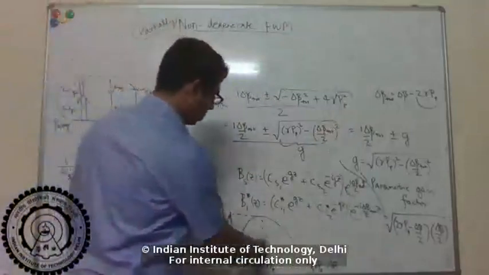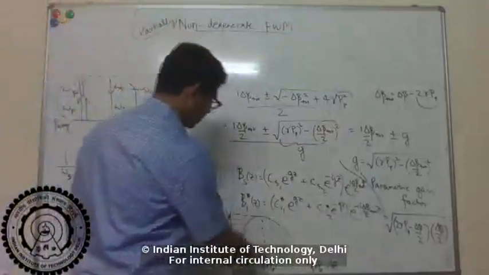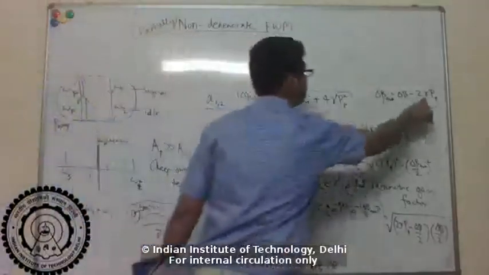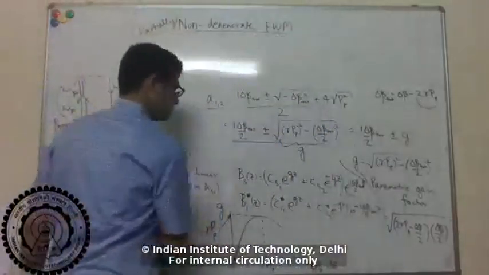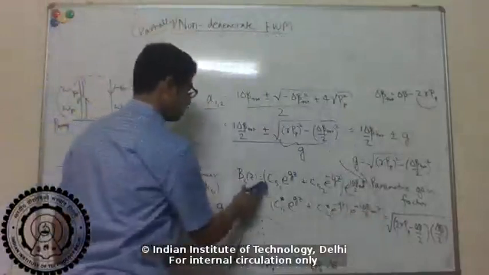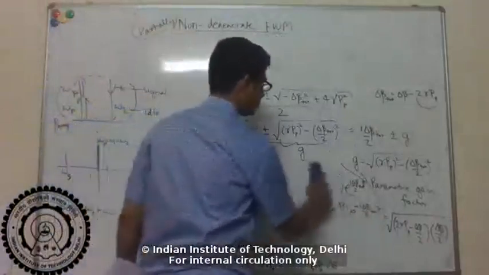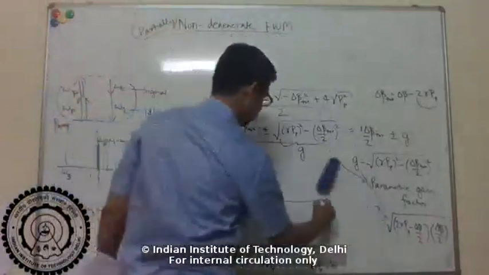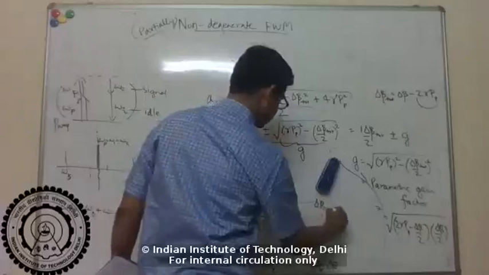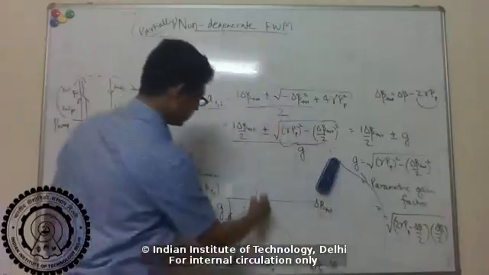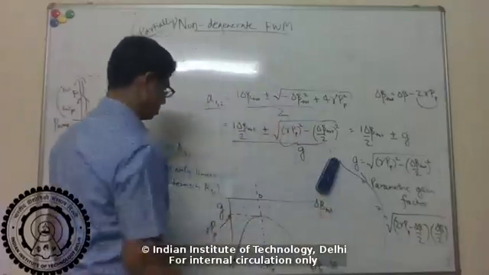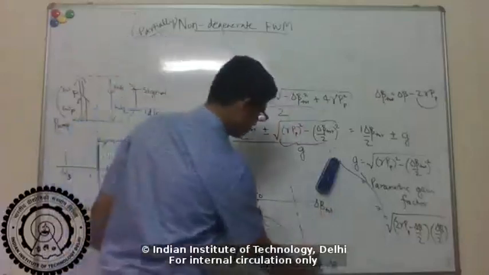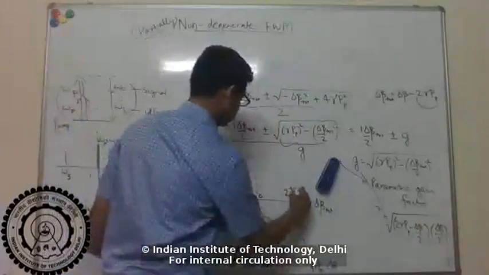Another way to look at it is if I plot G as a function of delta beta total, which is delta beta minus 2 gamma p. Right, so if I plot this axis as delta beta total, then this is peaking at 0. Right, this is minus 2 gamma p, and this is plus 2 gamma p.